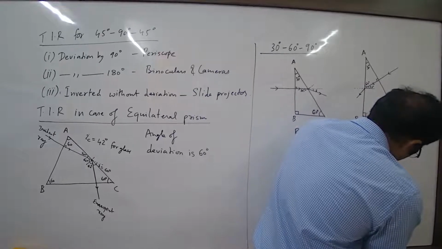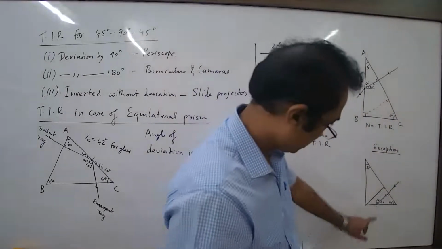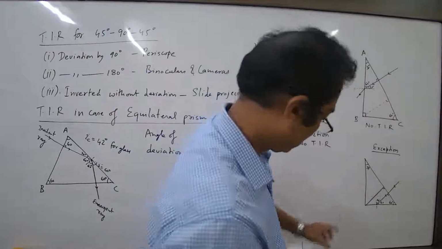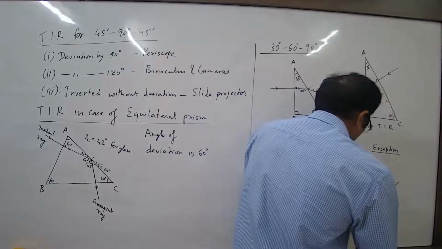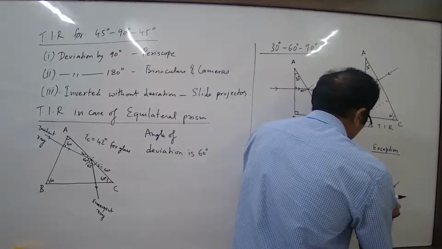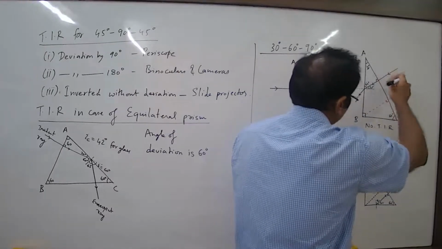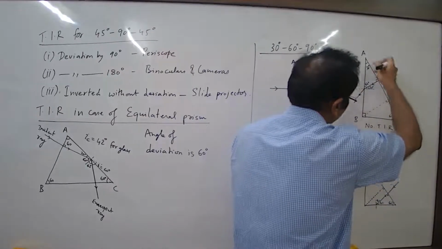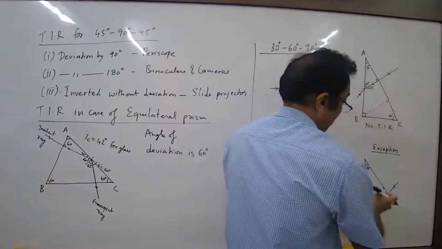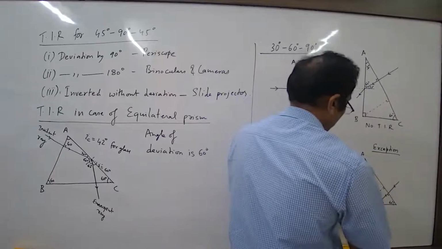What is the angle of incidence? 60. Okay, so now there will be total internal reflection. So what is this? This is just imaginary, right? So on this face AC, here we saw that it is not suffering TIR. But if this ray on AC falls within this distance, within the foot of the perpendicular from the right angle, then it will suffer TIR.